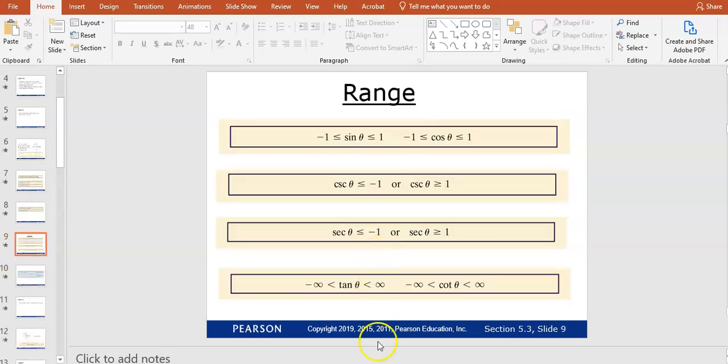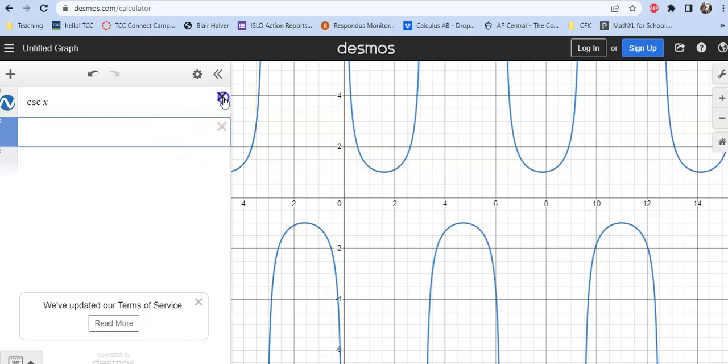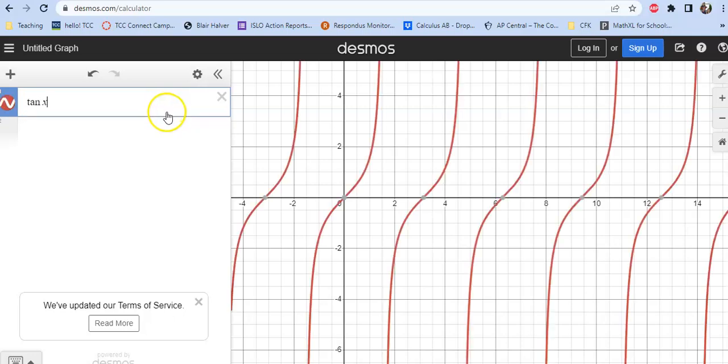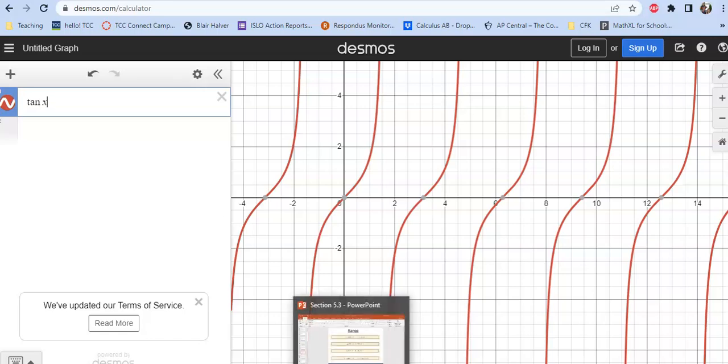And then our cotangent and tangent go on forever up and down. So if we do tangent x, you can see that it goes forever up, forever down. So it's all real numbers when it comes to my range.